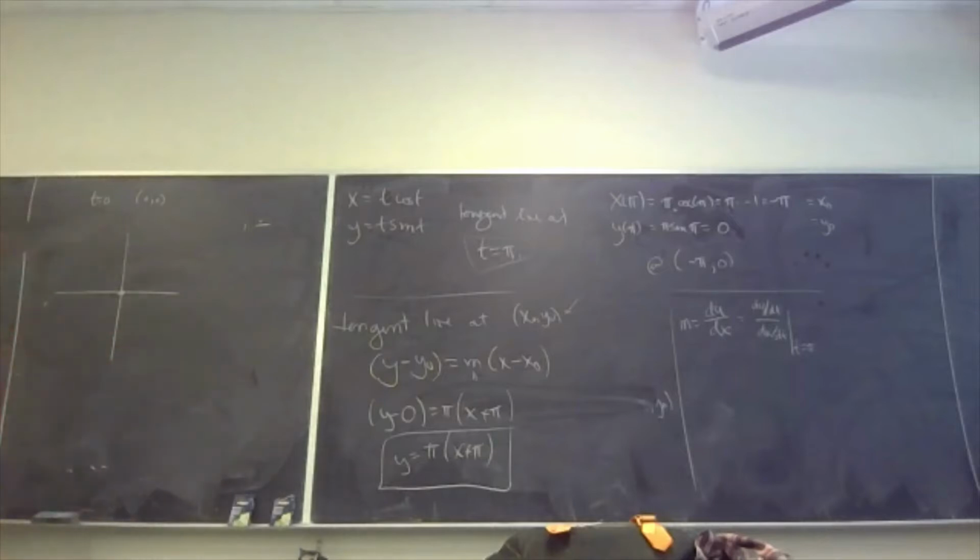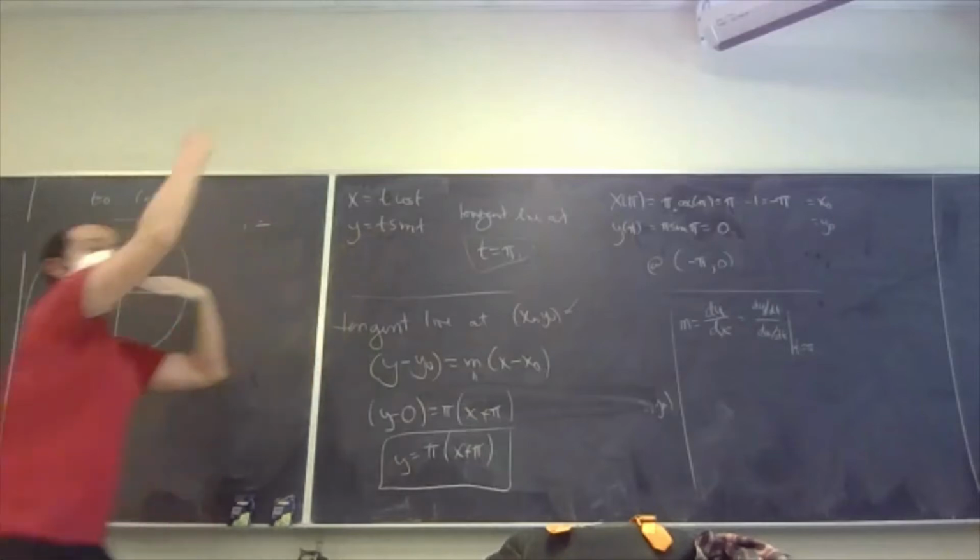By the time you get to pi over 2, you should be here on the circle, but your radius is pi over 2. And then when you get to pi, the angle is pi, but the radius is bigger. So I think what you're getting is something that spirals away from the origin like this. You're crawling around the unit circle, but the t that's being multiplied in here is making you stretch as you go.